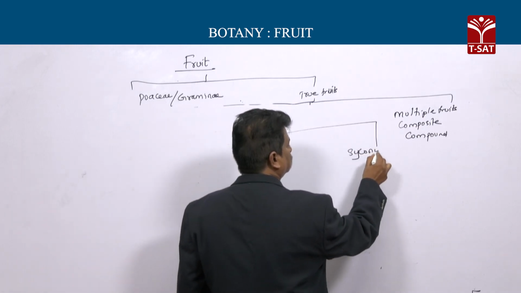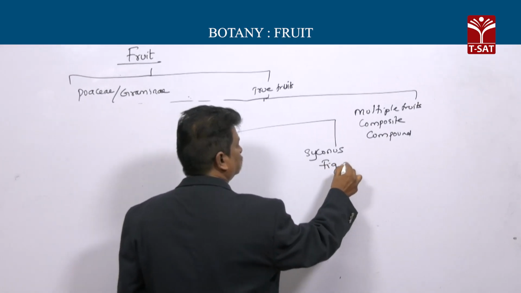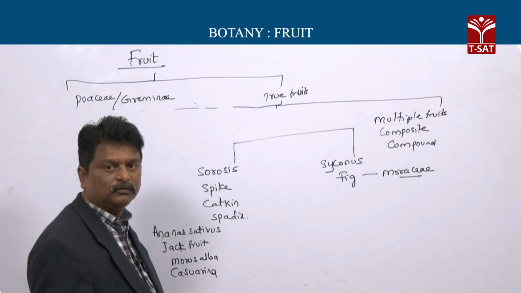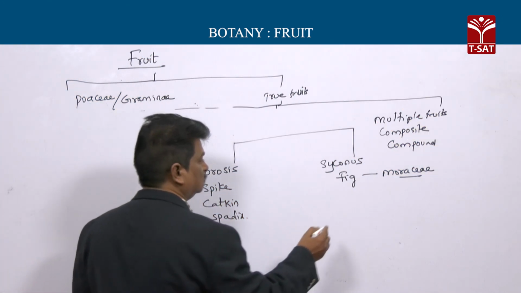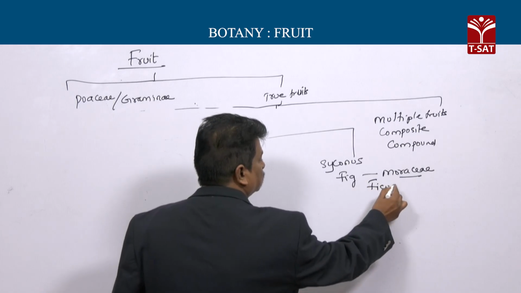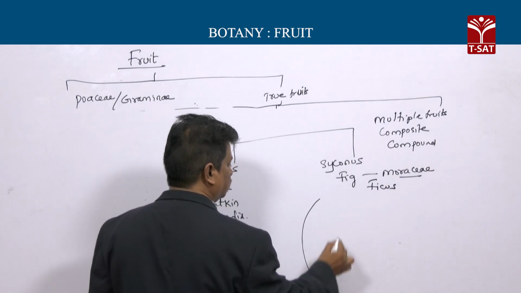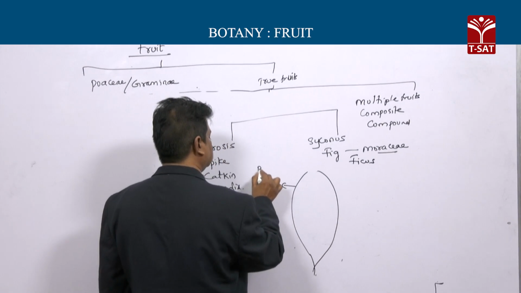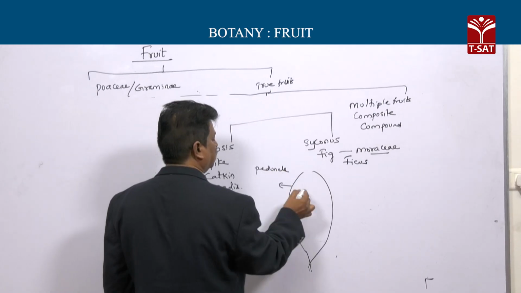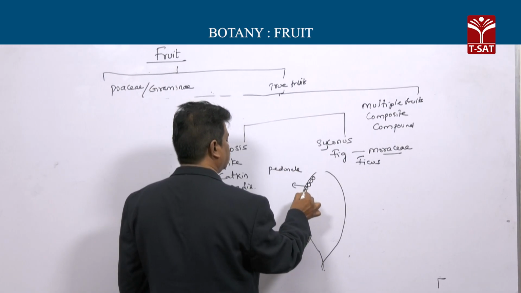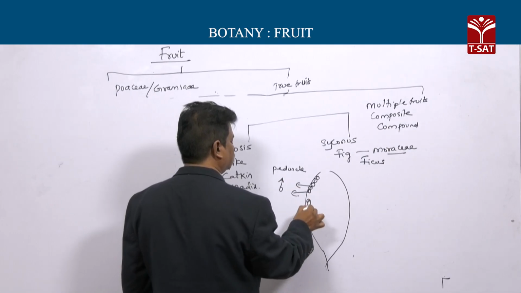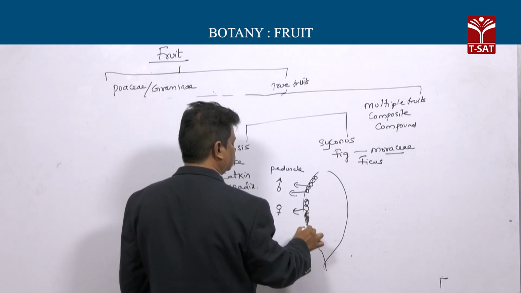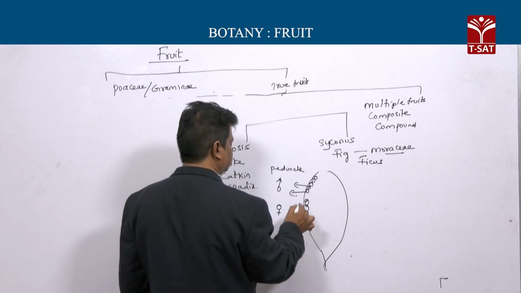Then syconus or fig is a characteristic fruit of Moraceae, genus Ficus. In this, the peduncle is fleshy and edible. The marginal part of the peduncle contains male flowers, and on the lower side female flowers are present.